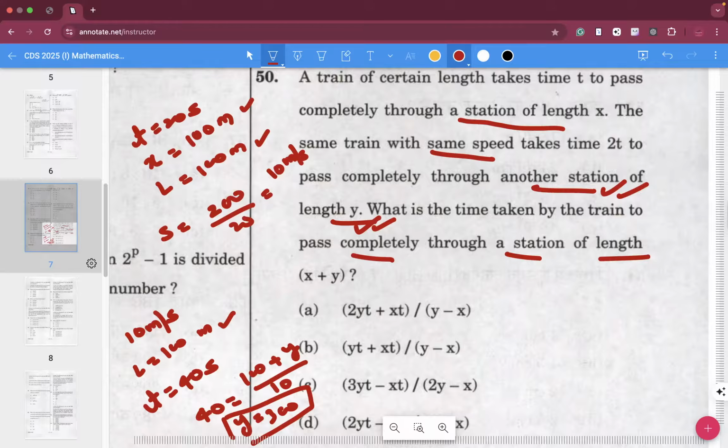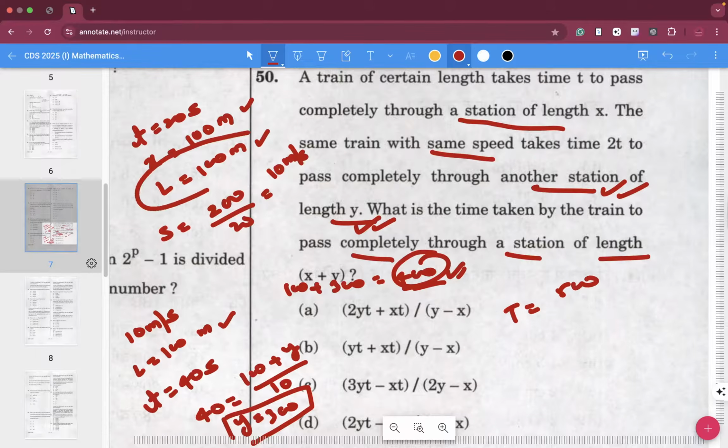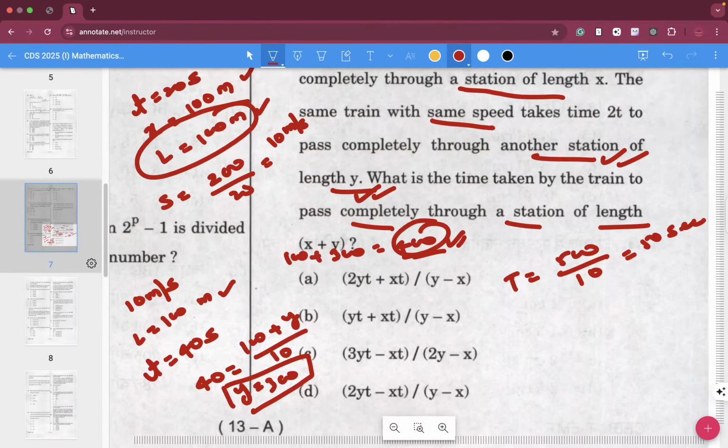The station length is now how much? 100 plus 300, which is 400. Now time is equal to distance divided by speed. What is the distance? This is the length of the platform plus the length of the train, divided by speed, which was 10 meters per second, which means 50 seconds is what you are going to take, folks.